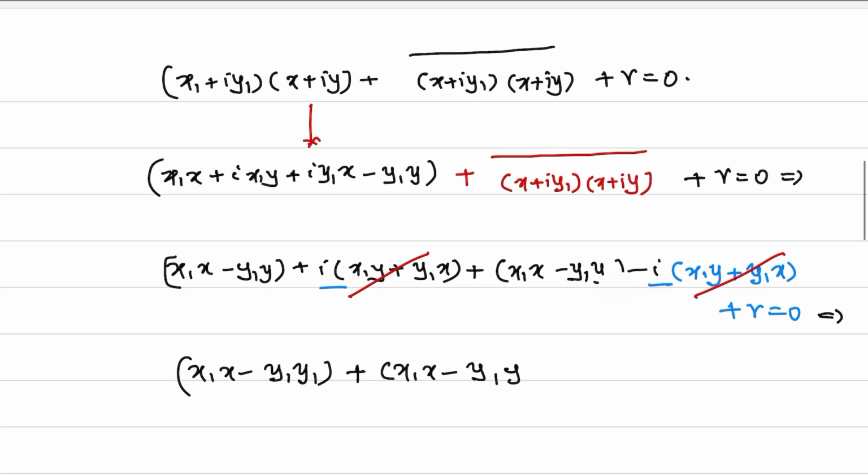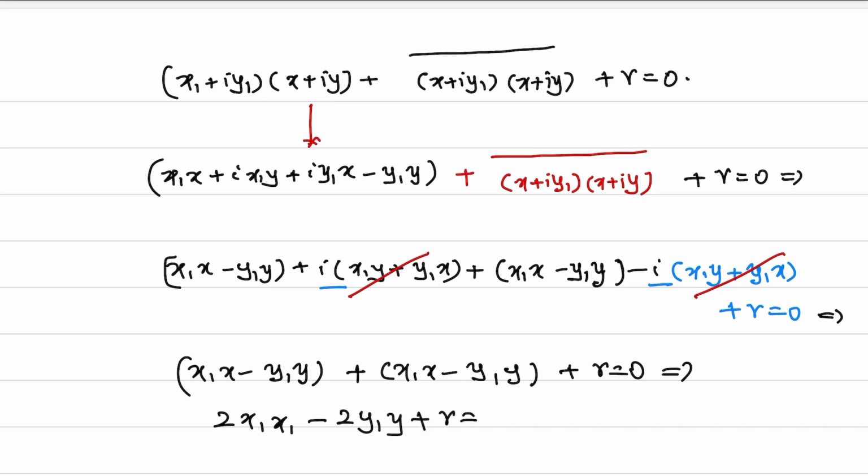It is not y1 two times, it is y. Plus r is equal to 0. That implies, here also it is y. That implies 2 into x1x minus 2 into y1y plus r is equal to 0.